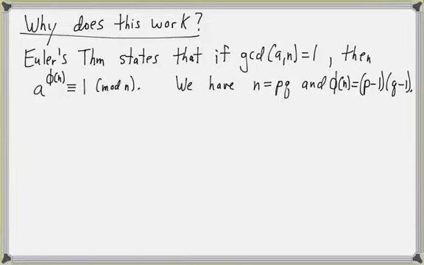And we required that D times E is congruent to 1 mod phi of N. So since D times E is congruent to 1 mod phi of N, we can write D times E as an integer multiple of phi plus 1.